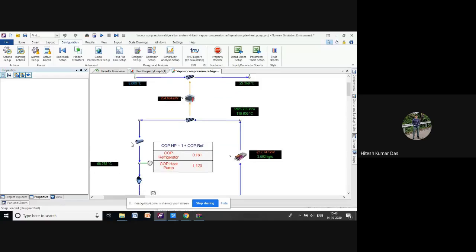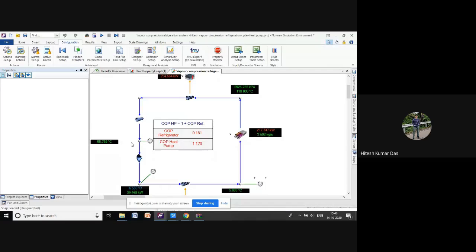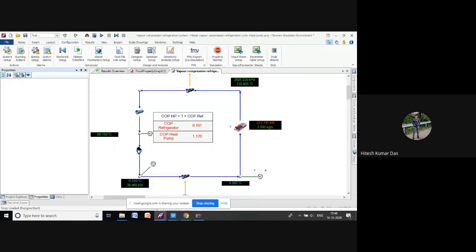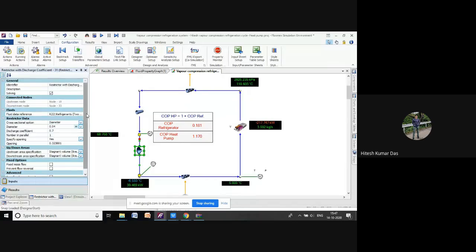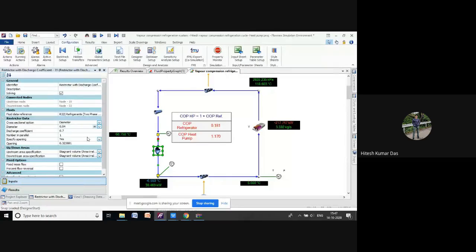Next we'll go to isoenthalpic expansion, which we are using here. Restrictor with loss coefficient as capillary tubes or expansion valve. Here we are expanding subcooled liquid at constant enthalpy. As a result of expanding the subcooled liquid, internal energy will be reduced, and when internal energy is reduced, temperature is also reduced.